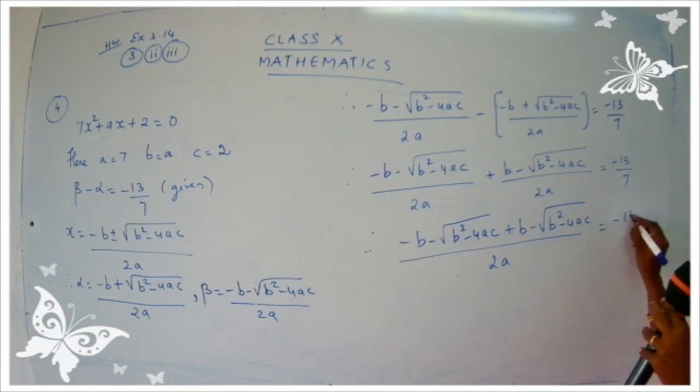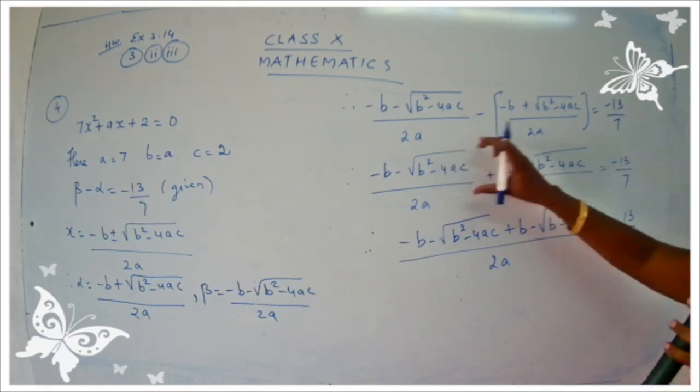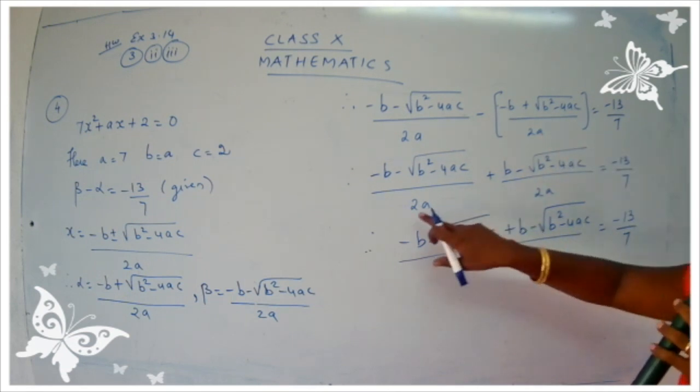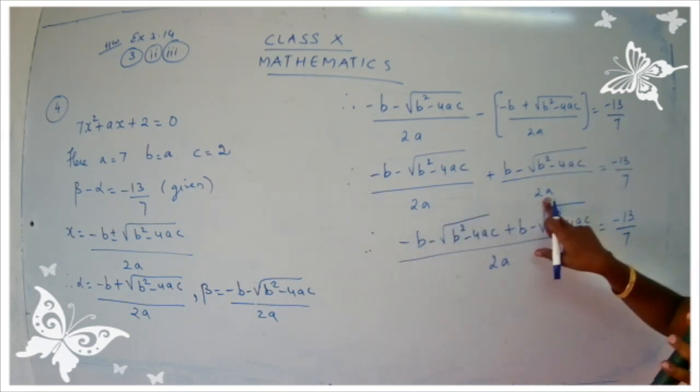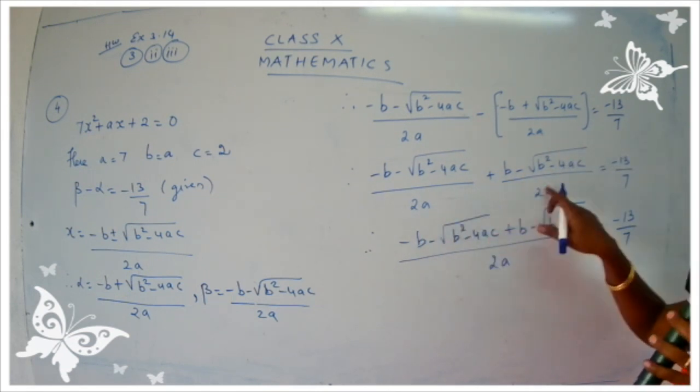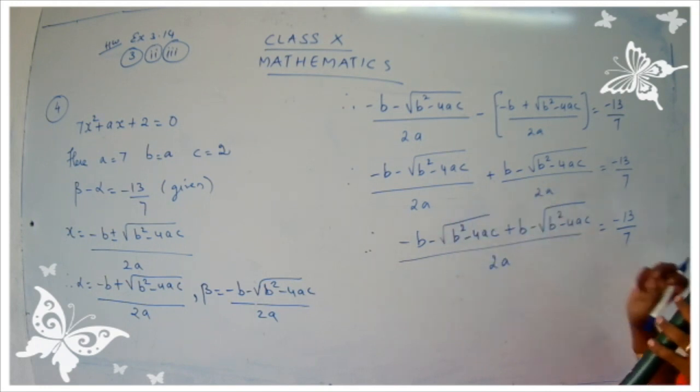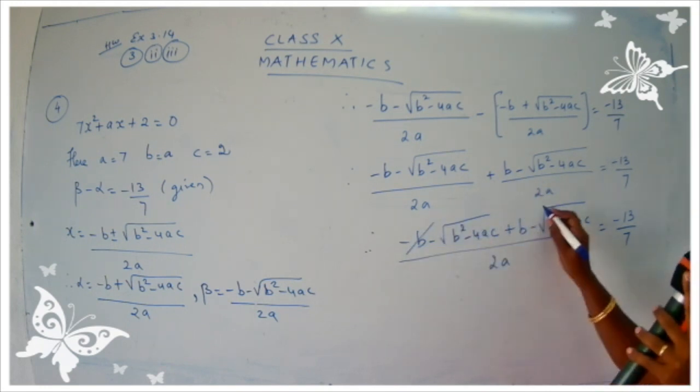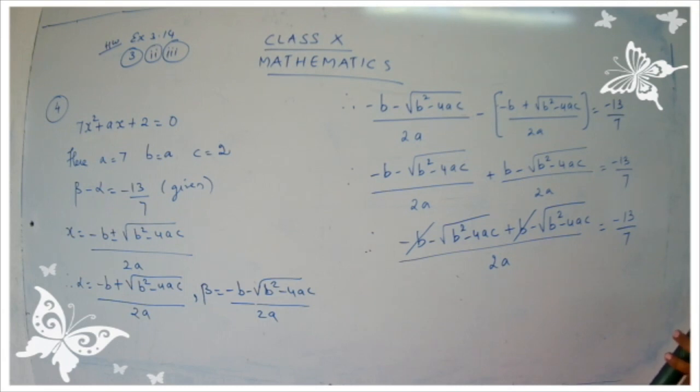This is equal to minus 13 upon 7. So what I have done, I have just brought the two terms together. Because we had a common denominator. What is the common denominator? 2a. Okay, children? So minus b plus b gets cancelled. Okay, you just stay down till here. I'll just explain to you the next step.